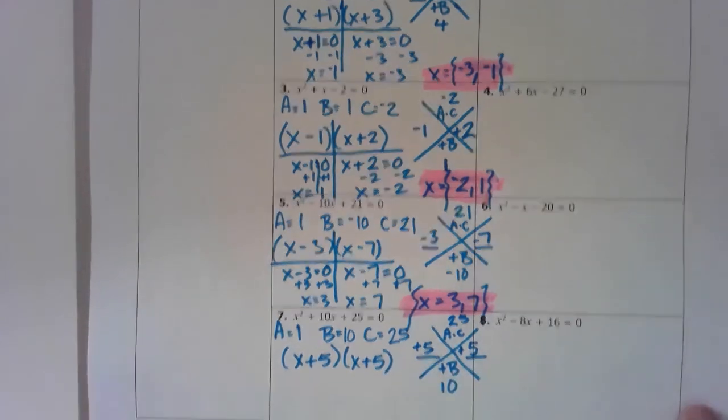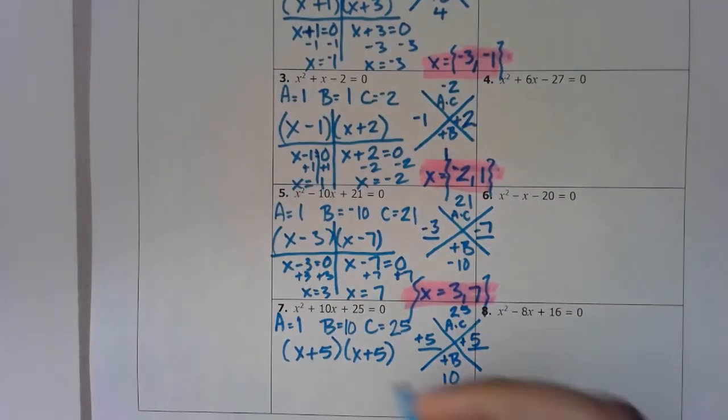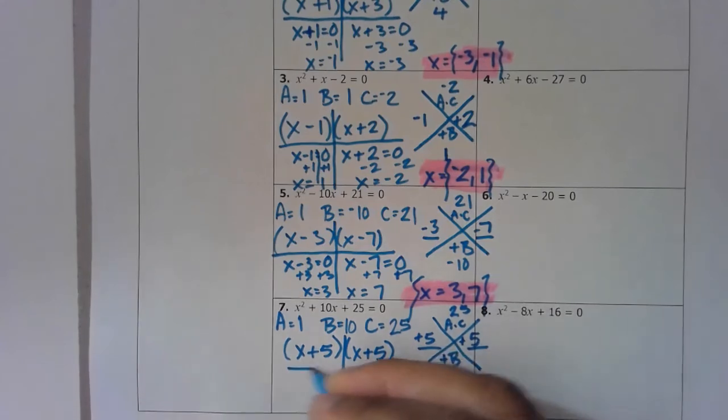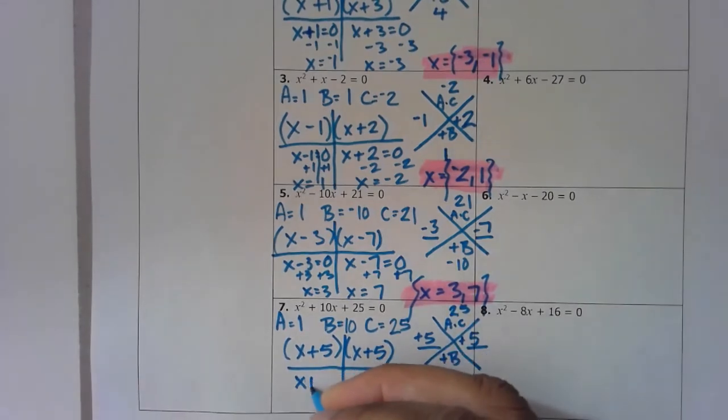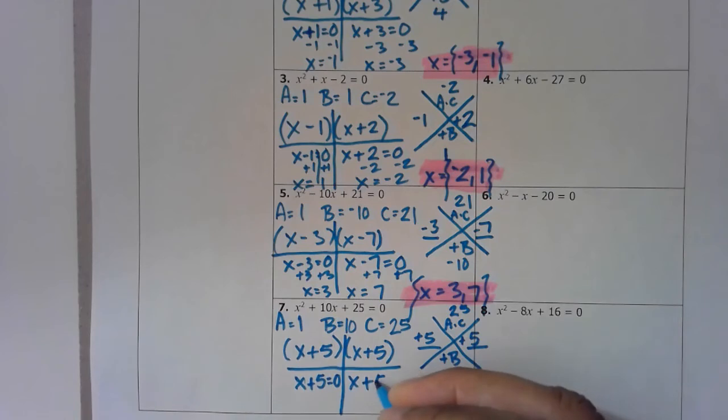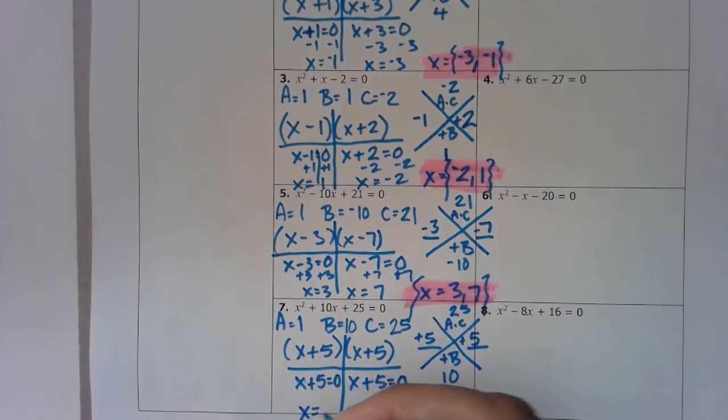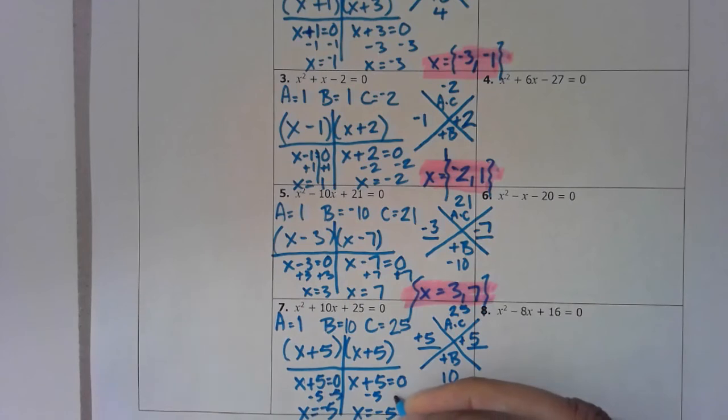Okay, make our little T chart here. And as you can probably guess, once I set them equal to 0, the signs will change. So then I'm just gonna have x equals -5 here, and also x equals -5. So in other words, you're just subtracting your 5 here, okay?